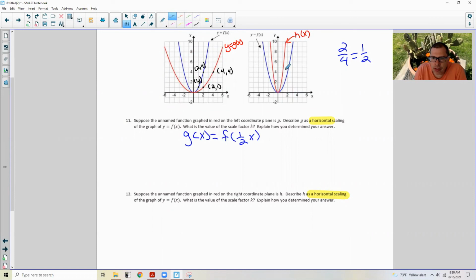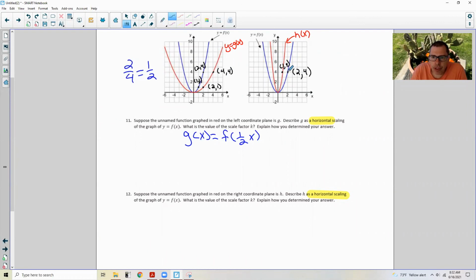So right here is the point 1, 4. Right here is the point 2, 4. And then if I come up here, are there any others? Let me look.